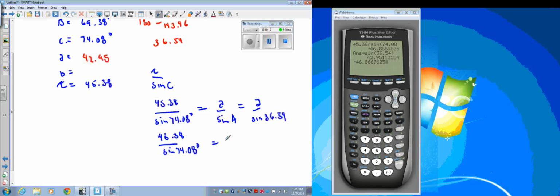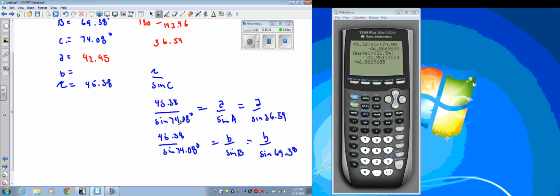And then we're going to use this to do B over sine B, which is B over sine of 69.38. This is going to multiply up here, right? You see what I'm doing? All I'm doing is just being a little efficient with our calculator.